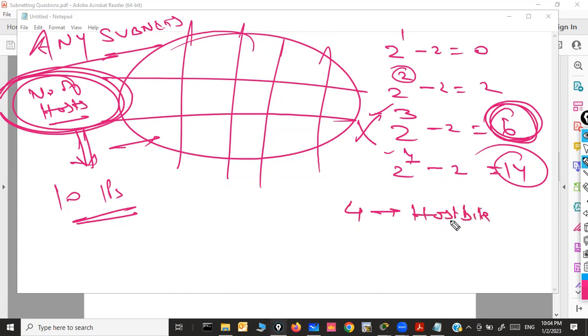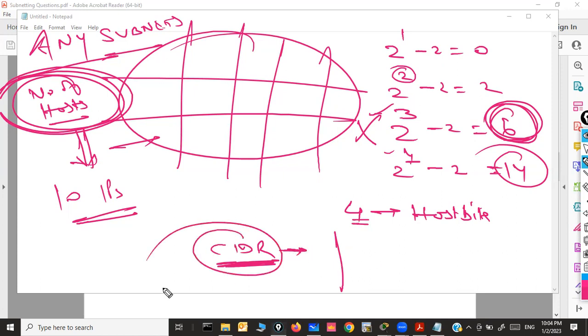So what would become the CIDR block then? Any answer? What should I write here, slash? If the computation is leaving 4 bits for the host, forget about class A, B, C. In general, what CIDR block should I write? 28.